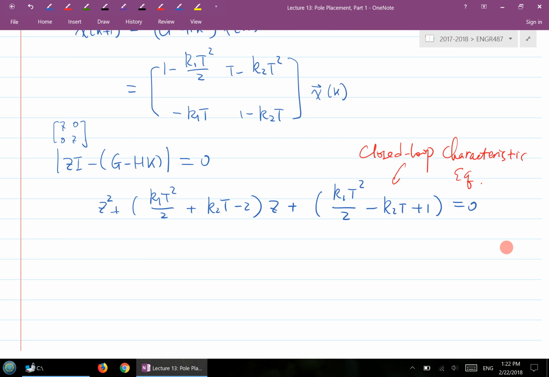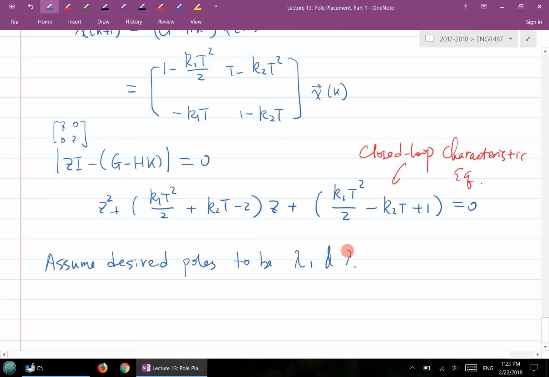requirement is yet, right? So let's say right now you as a designer, what you really want is you want your desired poles to be lambda 1 and lambda 2.